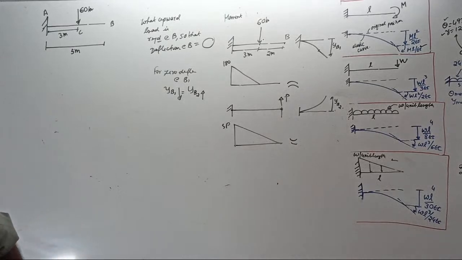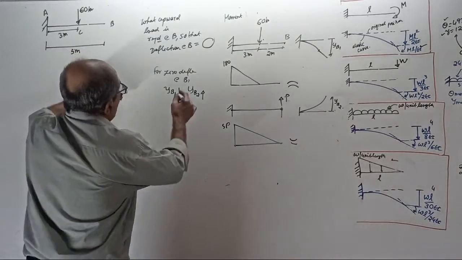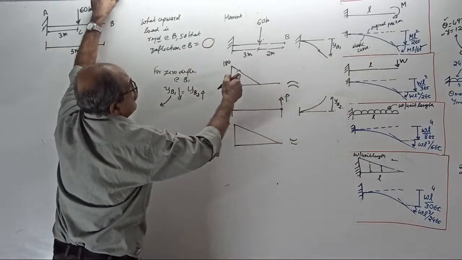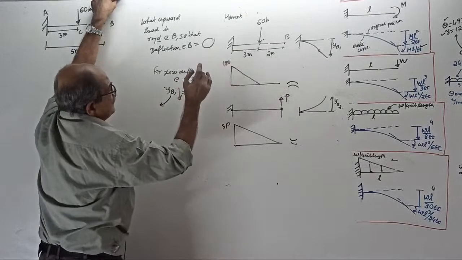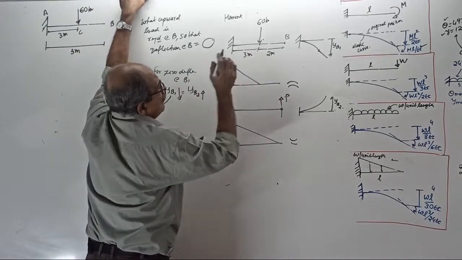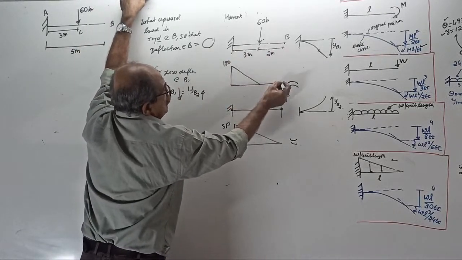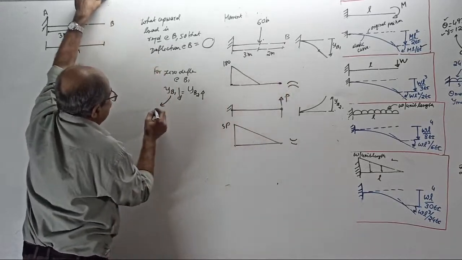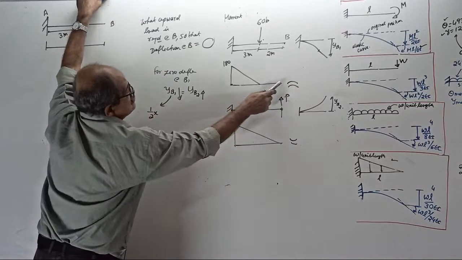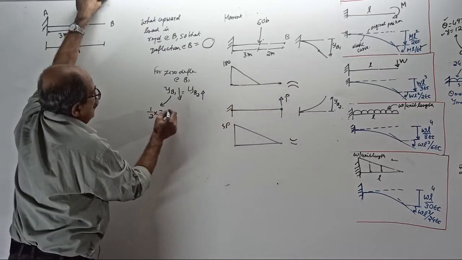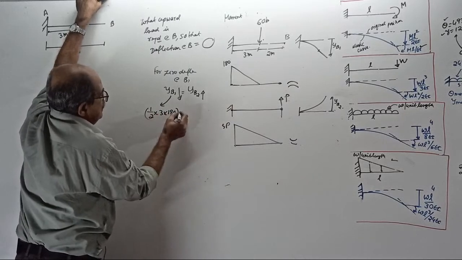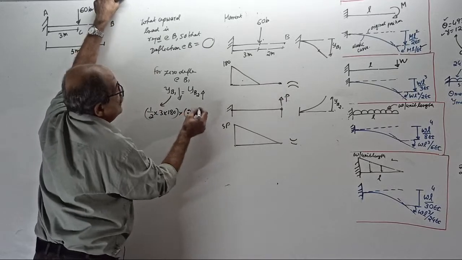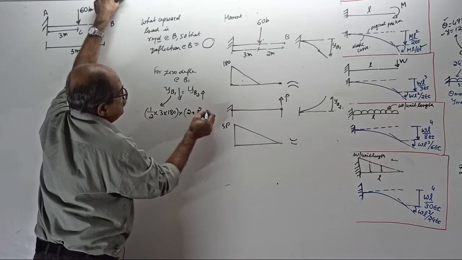Okay, now do one thing. Find the downward deflection here. What is the formula? Using the moment of the area of the BM by EI diagram between these two points about this point: half into 3 into 180 into the moment arm, 2 plus 2 by 3 of 3.